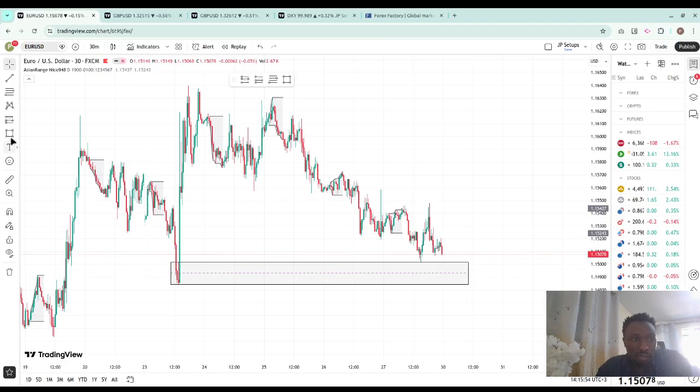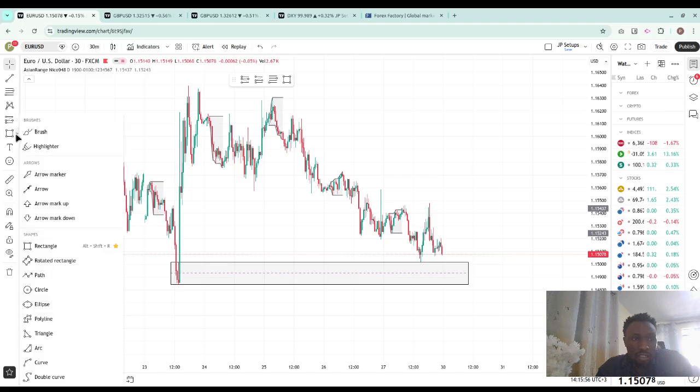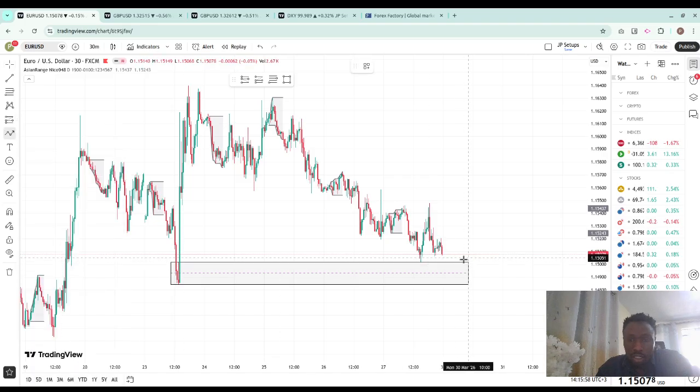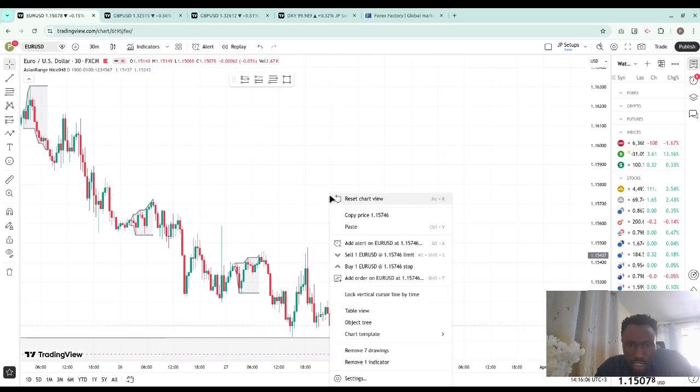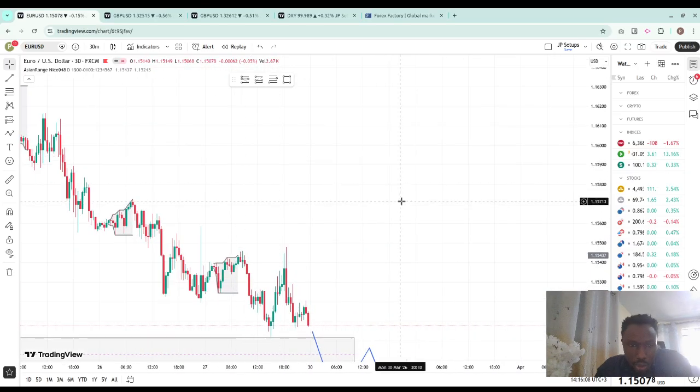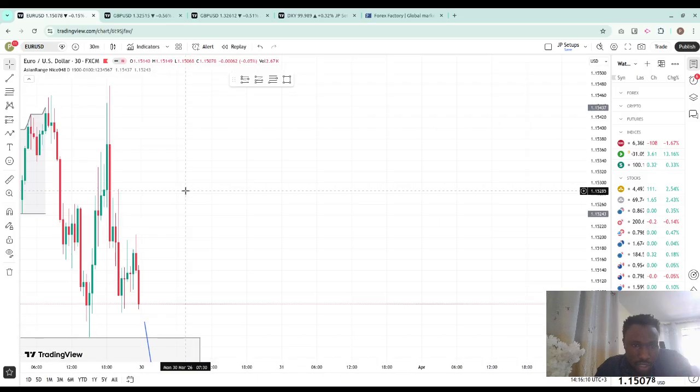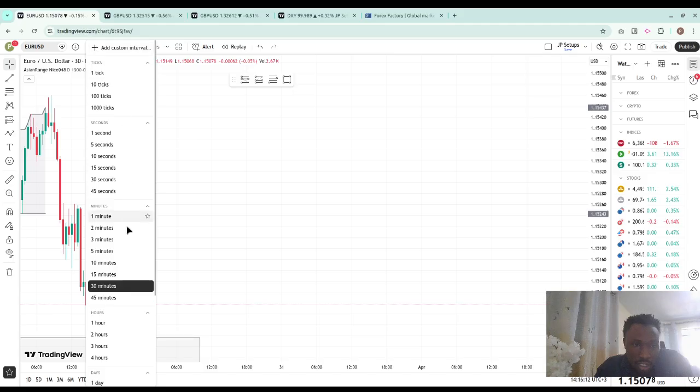We might have something like this, to this point, and then we have a retest, and then again to the downwards. So I'm not getting a good entry. I don't see a good entry point for the EURUSD.